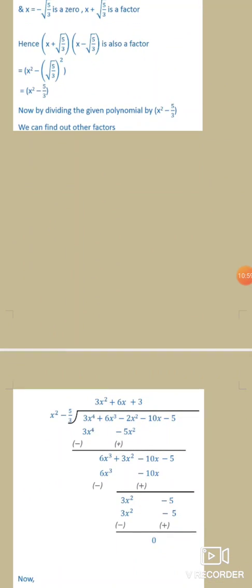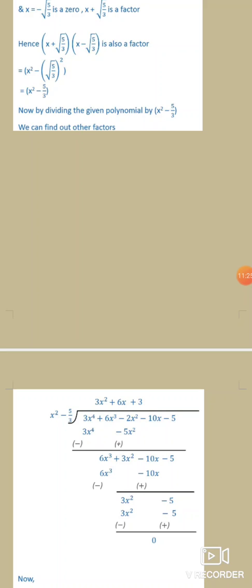For that we need to divide 3x raised to 4 plus 6x cube minus 2x square minus 10x minus 5 by x square minus 5 by 3. So to change x square into 3x raised to 4, we multiply with the 3x square. Second term also we need to multiply with the 3x square.